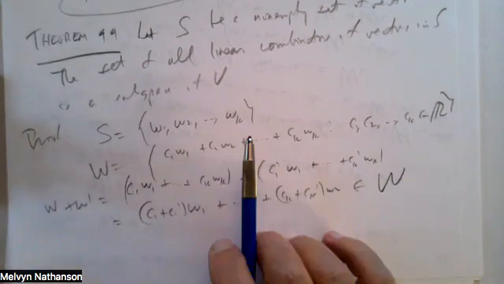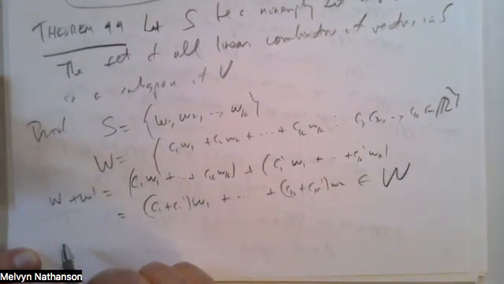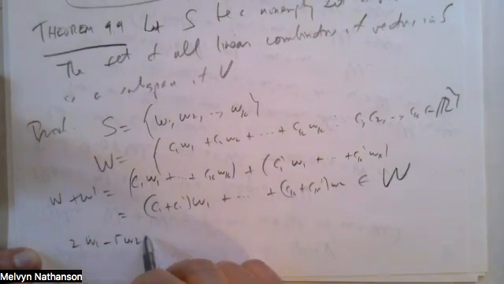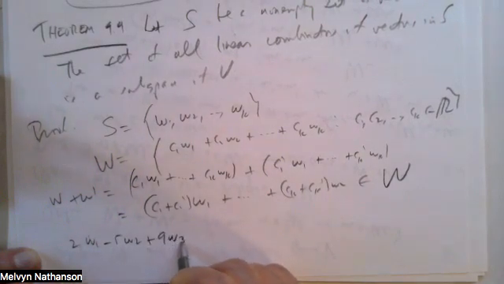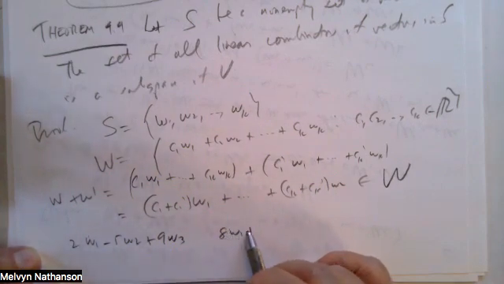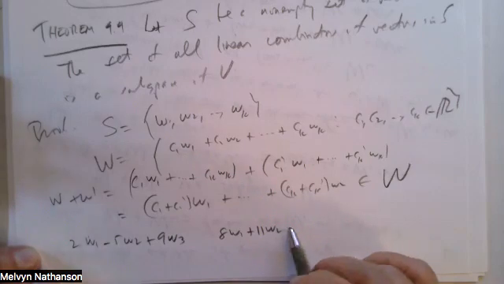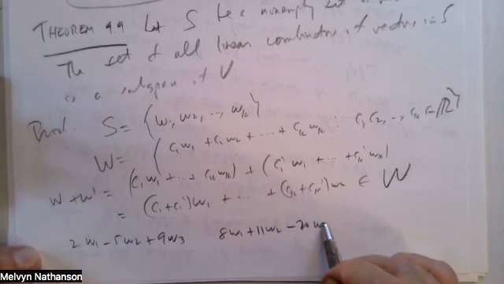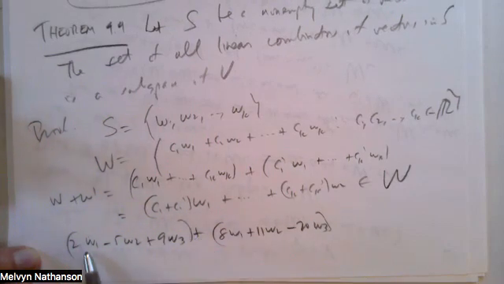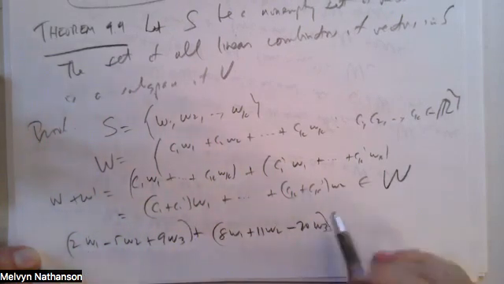I mean, let me just give an example to show what this means. Suppose k is 3. Suppose I had 2w1 minus 5w2 plus 9w3. And I had 8w1 plus 11w2 minus 20w3. When I add them, I have 2w1 plus 8w1.